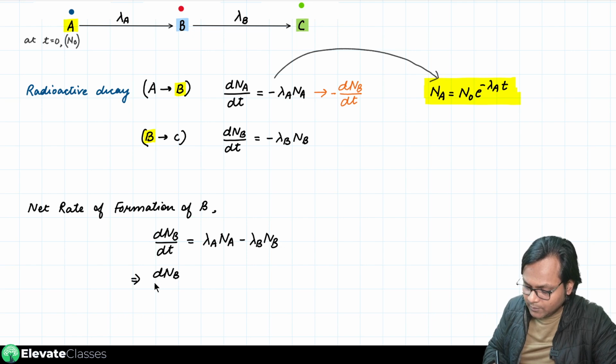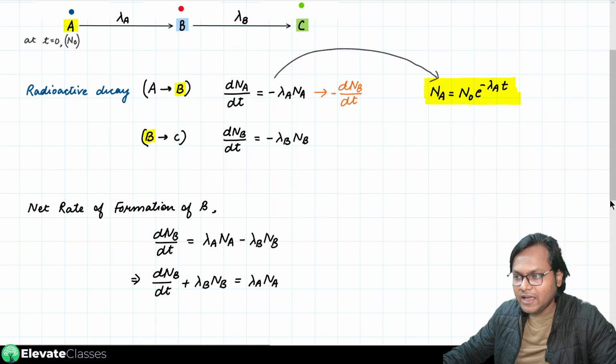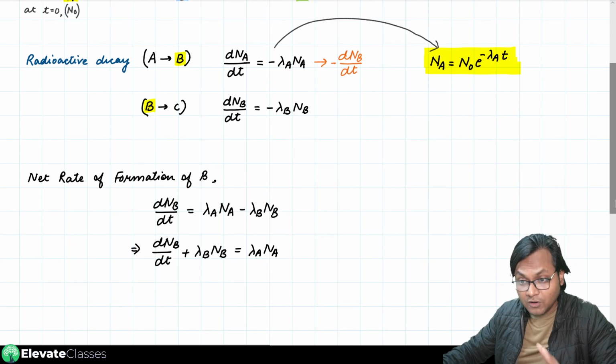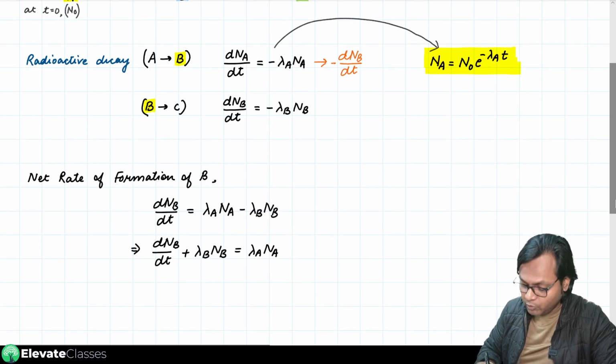So dNB upon dt plus lambda B NB is equal to lambda A NA. The lambdas are the decay constants and capital N is essentially the total number of radioactive nuclei at any given point in time.